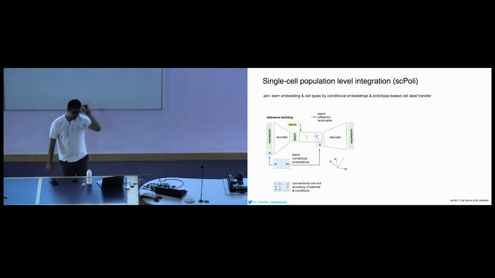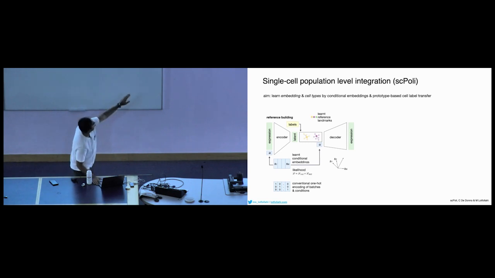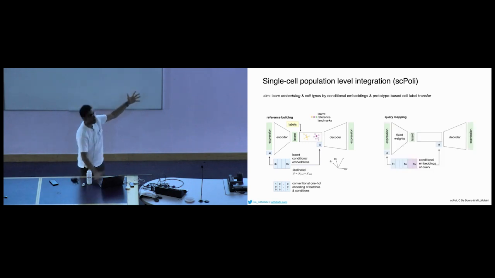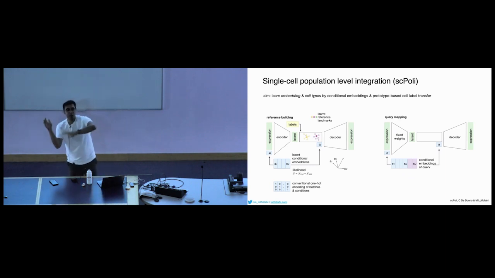And then at query time, if you have new data and you want to apply scArches in this case, then the query mapping, technically, this is a very technical and engineering thing, but I really like it. You don't need to optimize those, because once you want to implement this architecture surgery, you have to mask the right weights, and then you basically have to use hooks in PyTorch, and hooks are expensive.